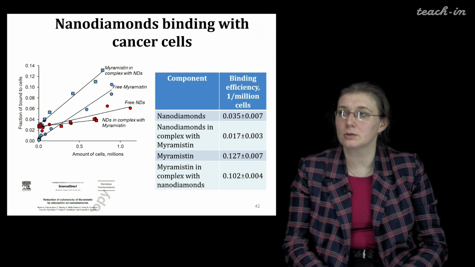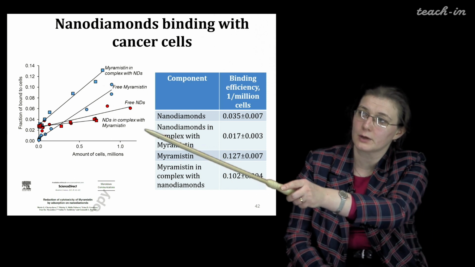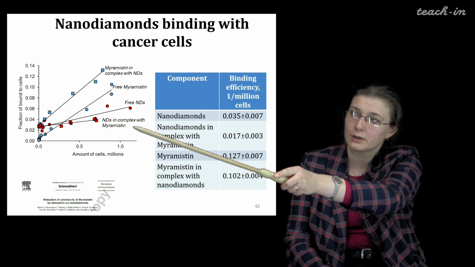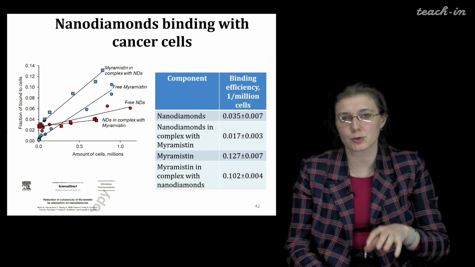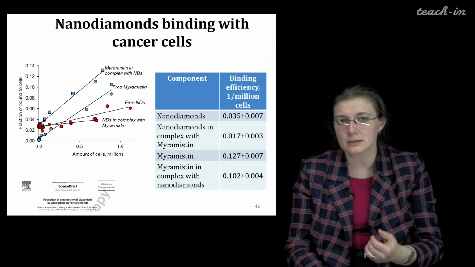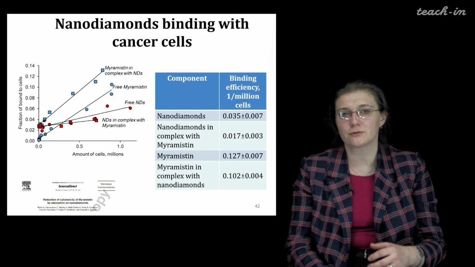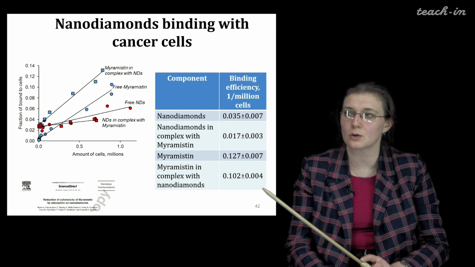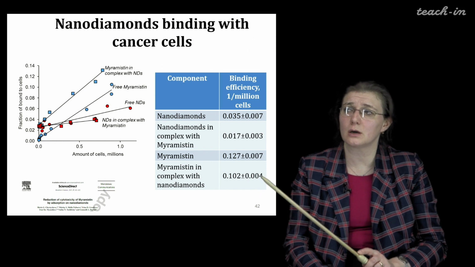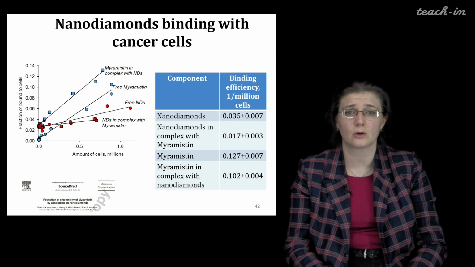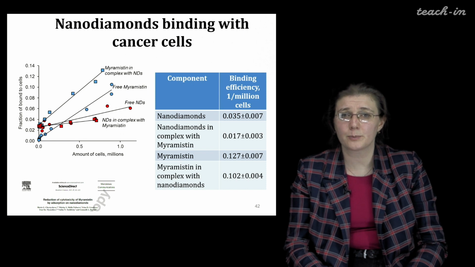Since the initial part of the graph does not start from zero, we can conclude that this complex absorbs on the surface of the cancer cell. We can suggest that it penetrates the cancer cell, and so the binding efficiency is rather high. So such a drug carrier probably can be used in the development of a drug delivery system.